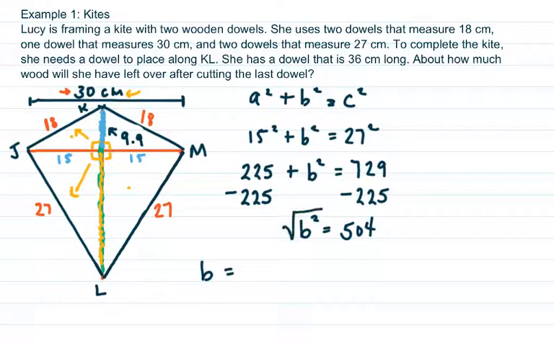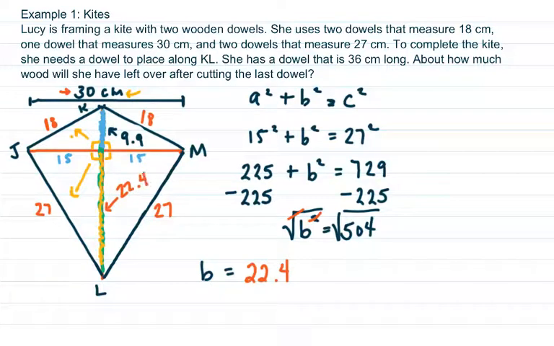I'm going to take the square root of this and this. These cancel out here. And then the square root of 504 is going to come out to 22.4. Okay, so this side right here, this is 22.4.